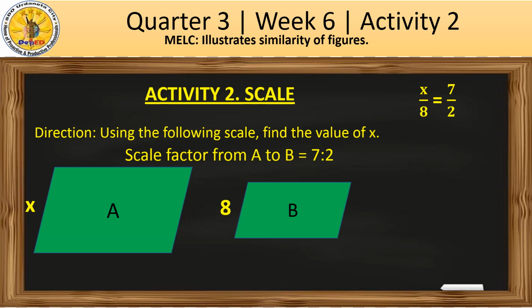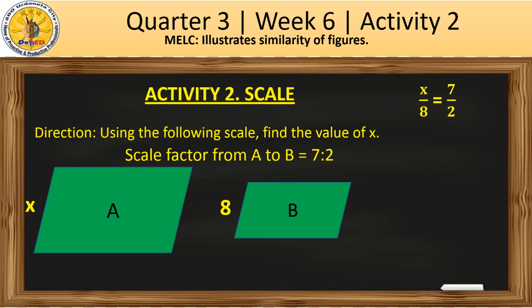So the ratio x is to 8 is equal to 7:2. Now take note, the scale factor is from A to B, so when you set up your ratios, you need to put the measurements of the first figure on the numerator and then the measurement of the second figure in the denominator.